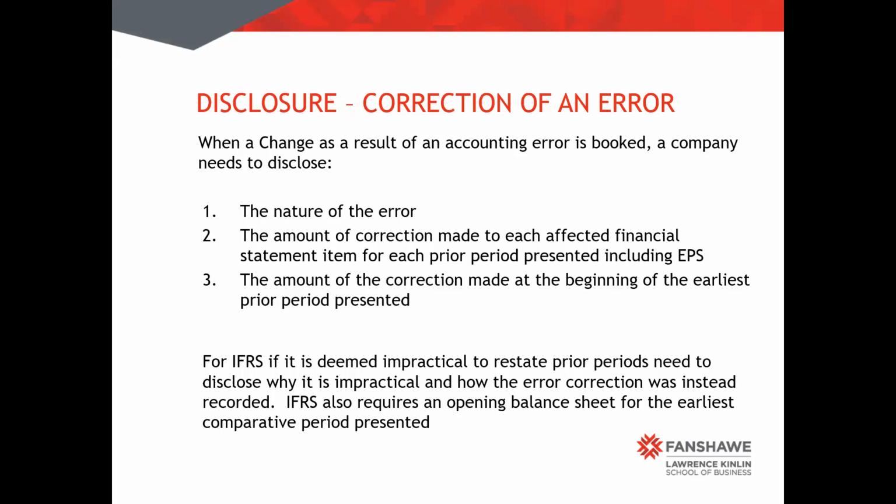And the amount of the correction made at the beginning of the earliest prior period presented. So you would say you had 2 years presented, you would go back and say, from say 2021 and prior, the cumulative error was $100,000, and maybe it was $50,000 each year for the 2 years presented. So you need to specify those specifically. And that's kind of the crux of errors and changes.